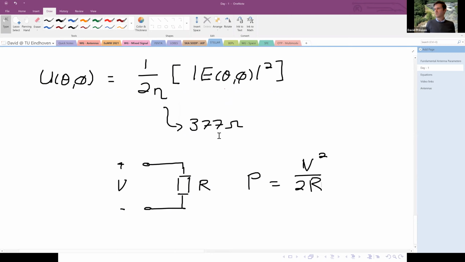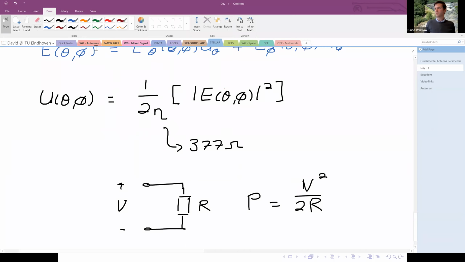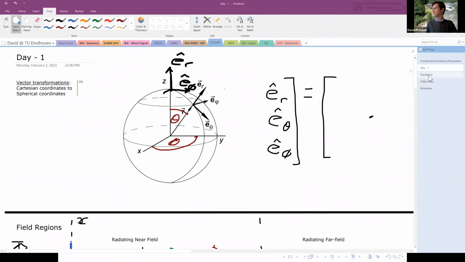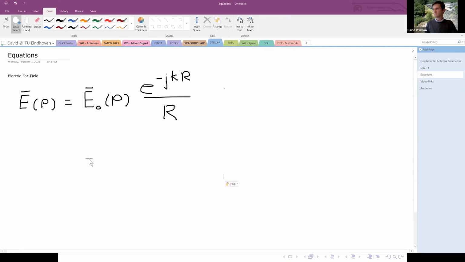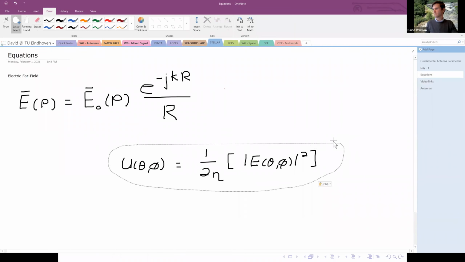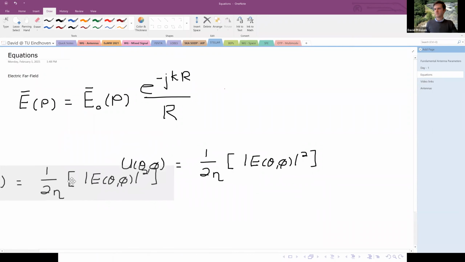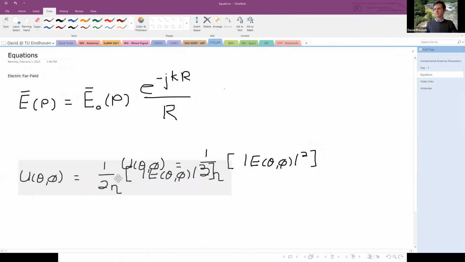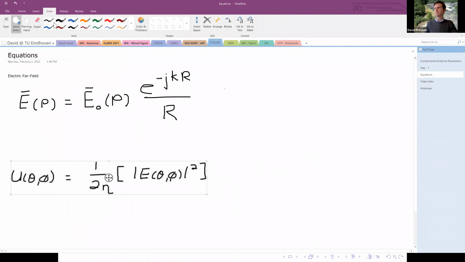This is again one of those equations that I want you to maybe just note down for yourself, which I'm again going to try and copy here. Of the radiation intensity.